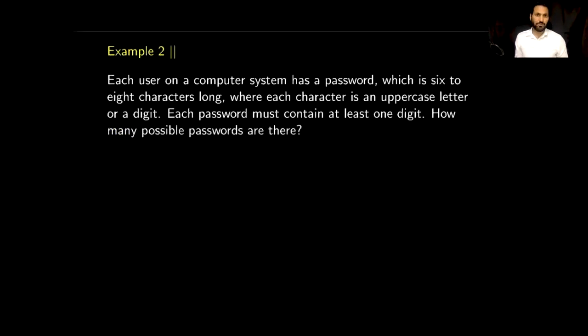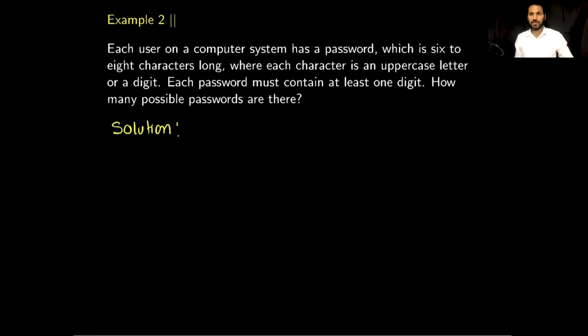Let's take one more problem where we will use the subtraction rule a bit differently. First we will read the problem and underline a few keywords. As you can see, the problem is: each user on a computer system has a password which is 6 to 8 characters long. So it can be 6 characters long, 7 characters long, or 8 characters long, where each character is either an uppercase letter or a digit.